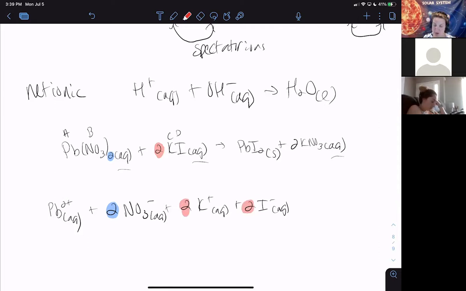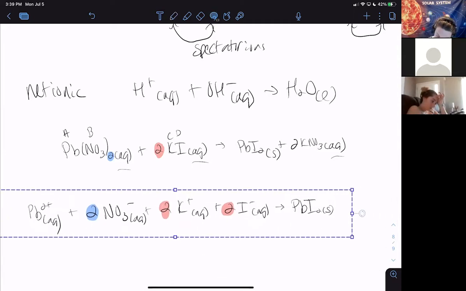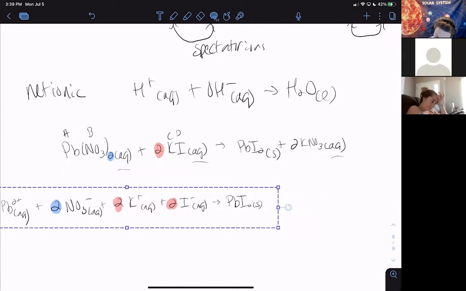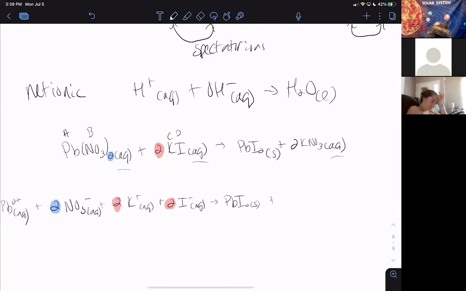Also note, with these ionic equations, all charges are shown, all states are shown. And then anything that's not aqueous, so if it's a gas, a solid, or a liquid, we're going to keep it as that species. And then plus 2K+ (aq) plus 2NO3- (aq).